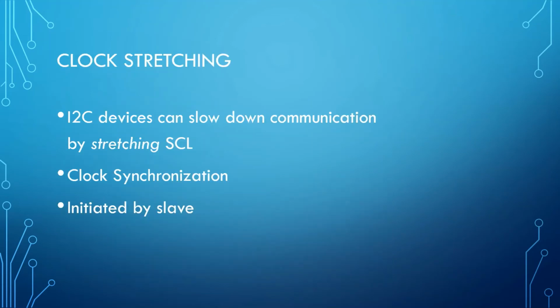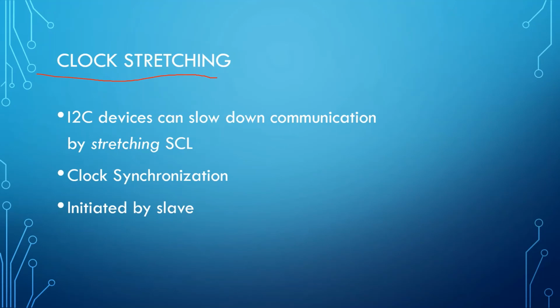So the next thing is clock stretching. When will clock stretching occur? Suppose there is one master and another one is a slave. If our slave takes time to store the data we receive, then there is a need for clock stretching.